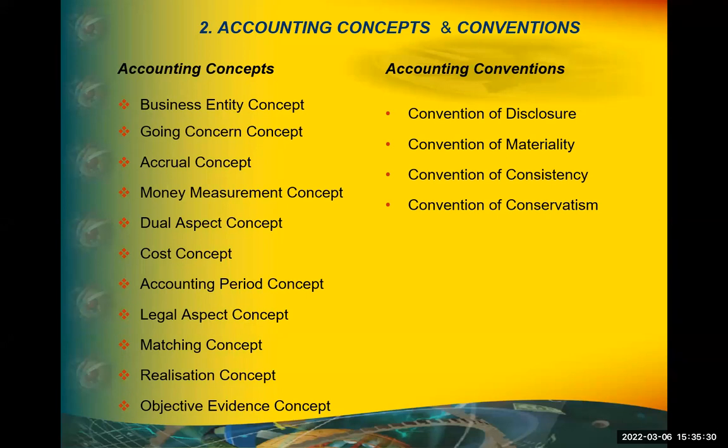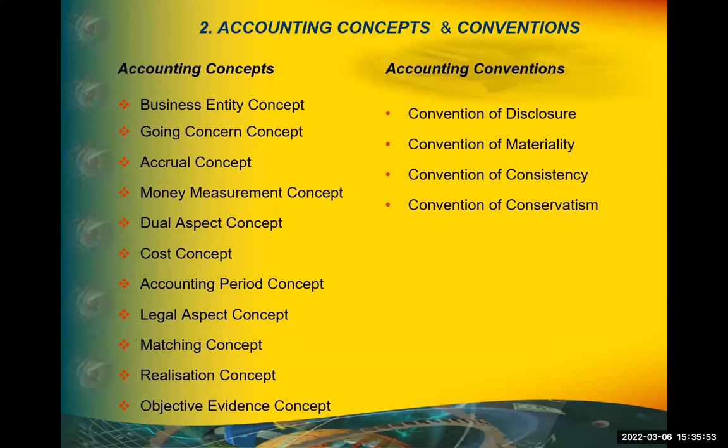Then only we can find out the real profit of the company. So this concept is called accrual. Income earned but not received. It's not due, because of the custom, because of the rule, I did not receive it, but I have earned it. So that needs to be taken into consideration because of this principle called accrual concept.